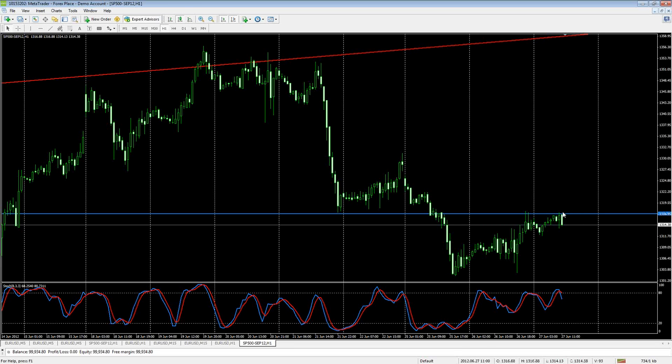So that's the advantage of entering around these areas where you have quick reaction to this price level. You can set your stop loss pretty close, and you can move it pretty fast to the break-even point.